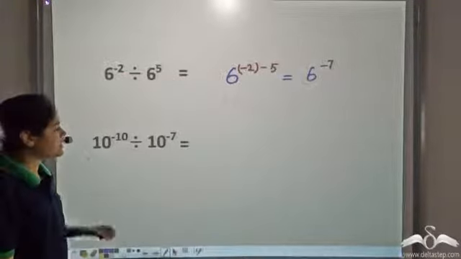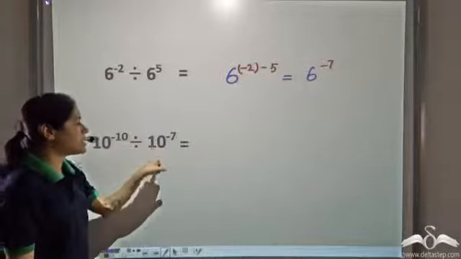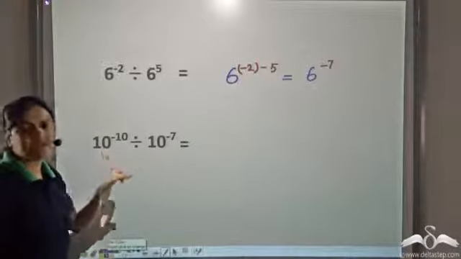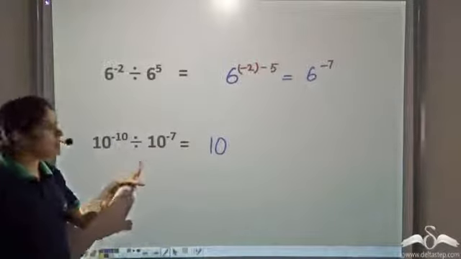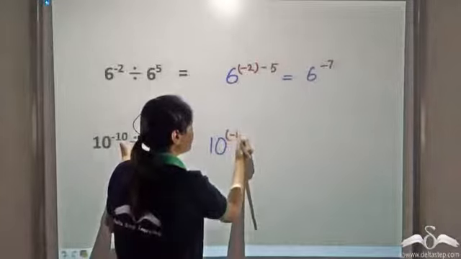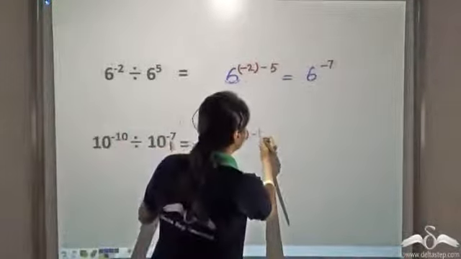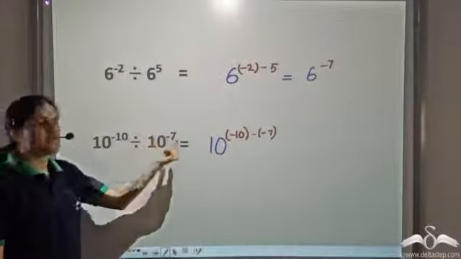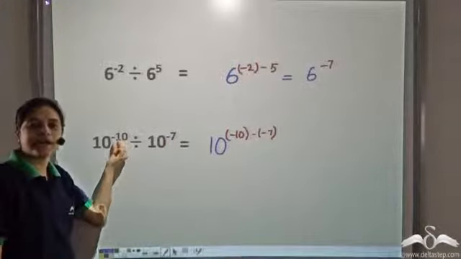Now let us look at this case. 10 to the power negative 10 divided by 10 to the power negative 7. So base is the same, that is 10. We need to subtract the powers. So we write it as negative 10 minus this power, which is negative 7. Remember, it is this minus this, not negative 7 minus negative 10.